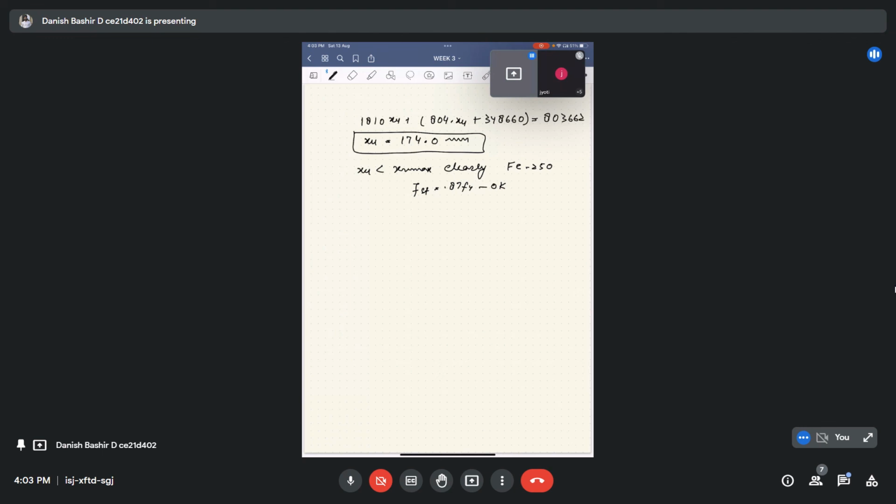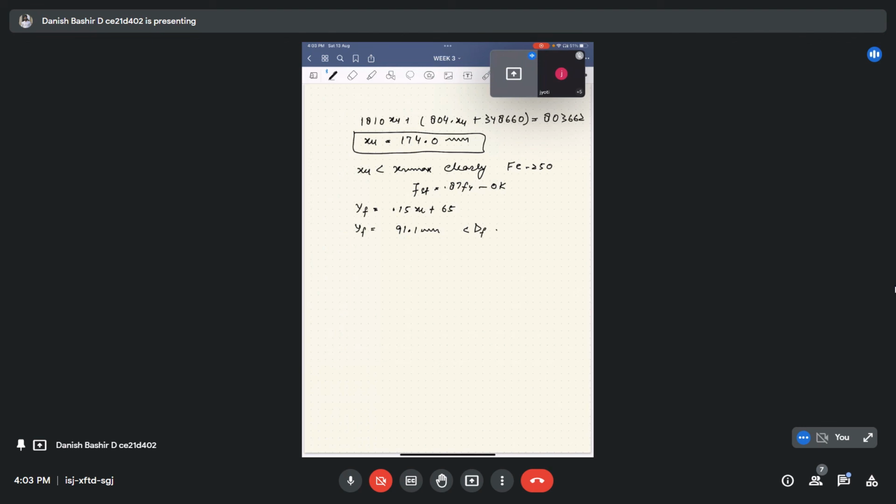Now, our YF that was in terms of XU as 0.15 XU plus 65, we can calculate the reduced depth of the flange YF by putting XU as 174 mm as 91.1 mm. So our YF is less than DF.